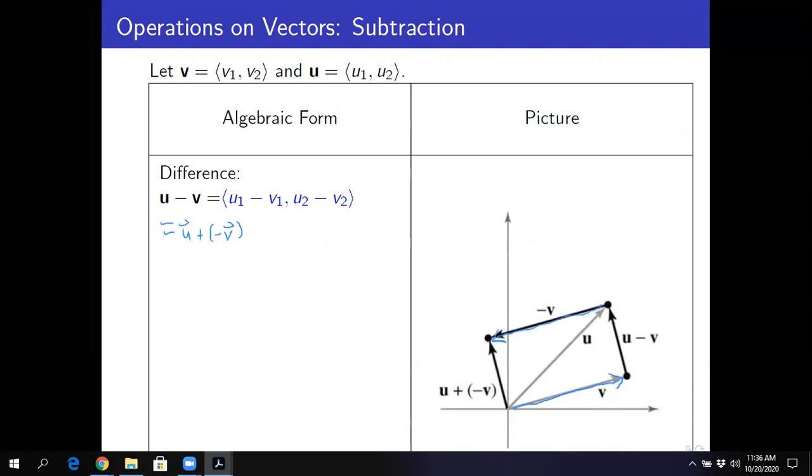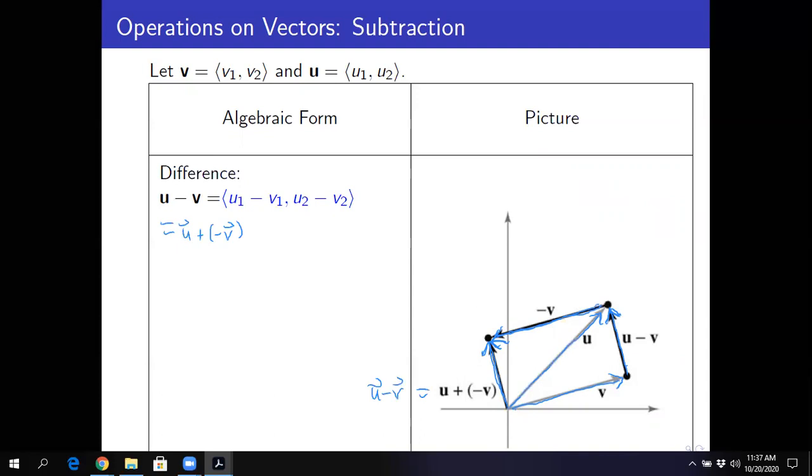And if I want to do u plus negative v, that's going to be this vector right here. So here's u minus v. U minus v is this vector right here. It's the same as this one over here. This is also u minus v.